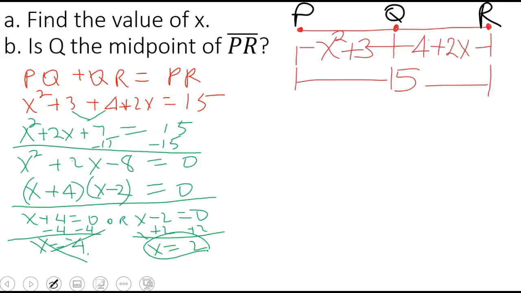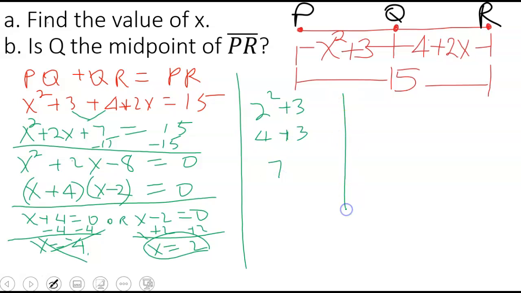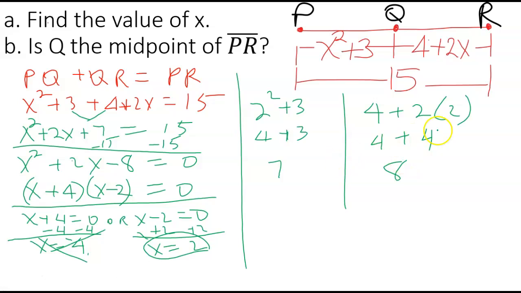Let's try this one. So x squared is 2 squared plus 3. That is 4 plus 3, which is 7. And then 4 plus 2 times 2, so that's 4 plus 4, which is 8. So we can see PQ is 7, QR is 8.